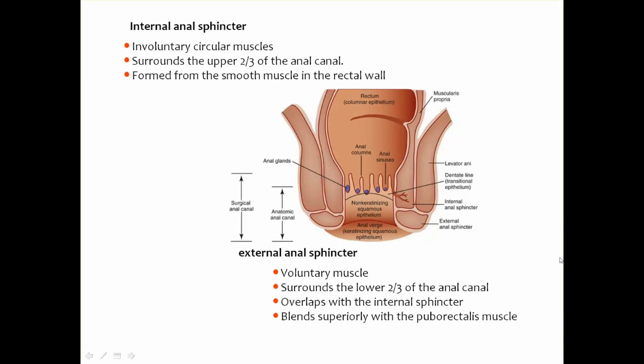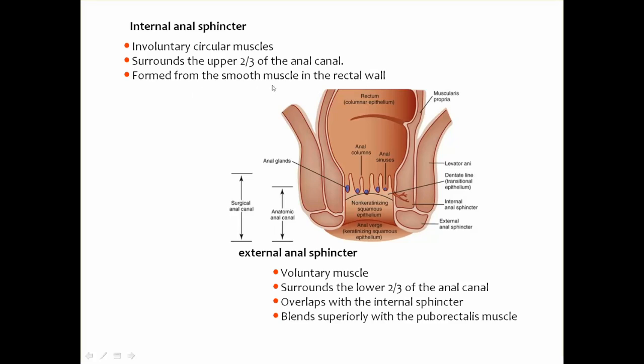Then, where is the anal sphincter, the internal one and the external one? I already mentioned the difference. The internal anal sphincter is made of smooth muscles and is a continuation of the rectal wall through the anal wall. And this is an involuntary muscle, and it surrounds the upper two-thirds of the anal canal.